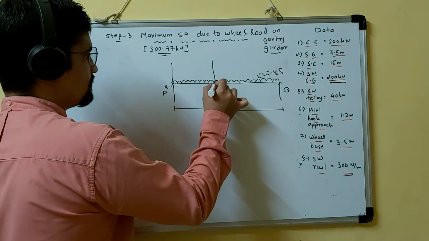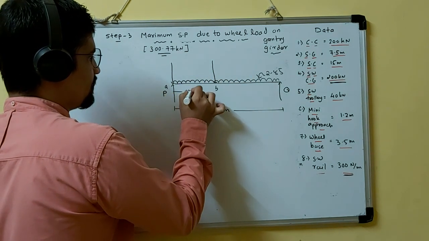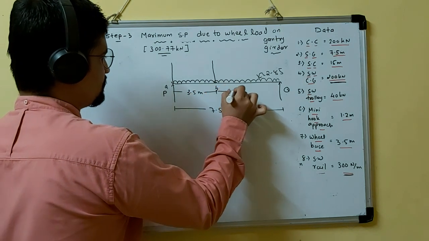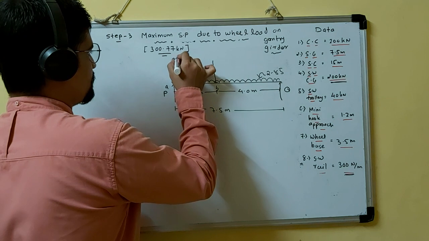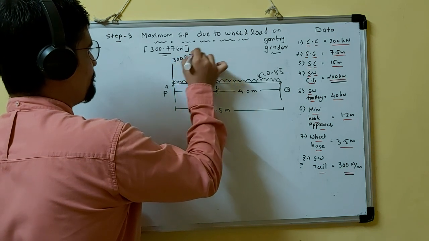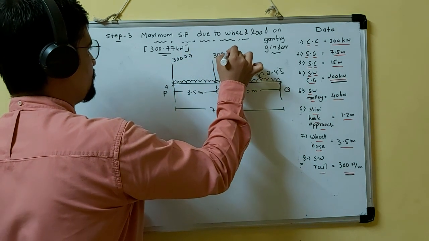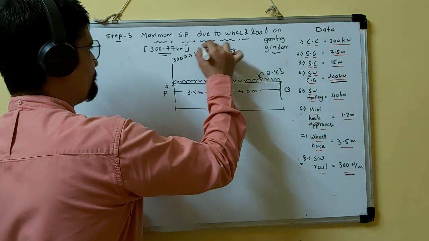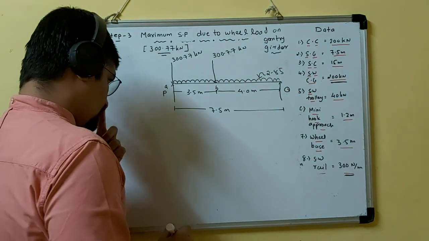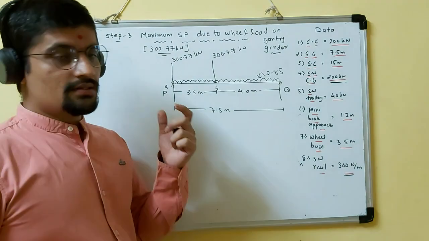This is A, this is B, this is 3.5 meter. So this will be 4 meter. This is 300.77. This is also 300.77.